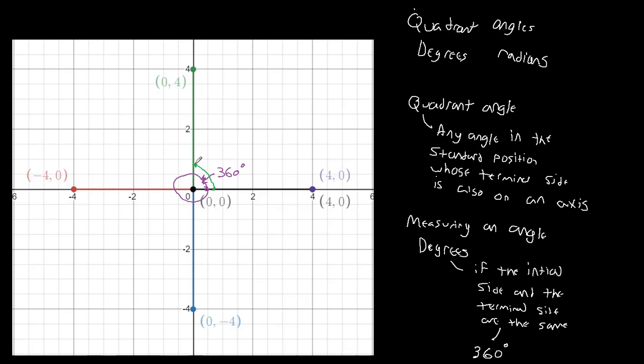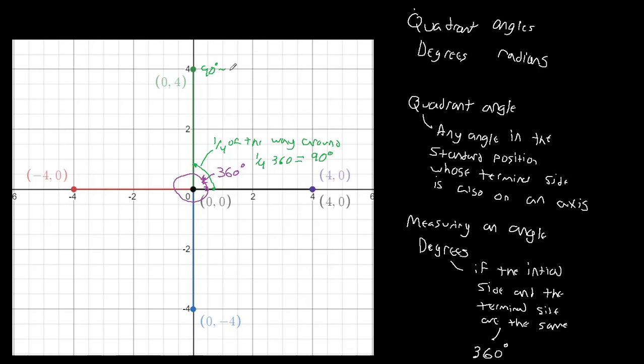Well, if you think about it, this is equivalent to going 1/4 of the way all around. If you take 1/4 of 360, you get 90. So this angle, from here to the positive y-axis, is 90 degrees.